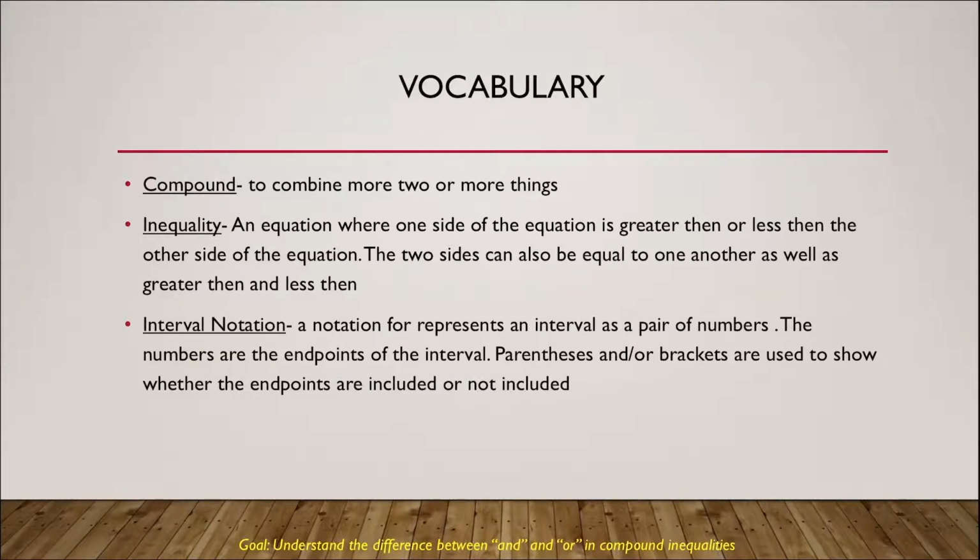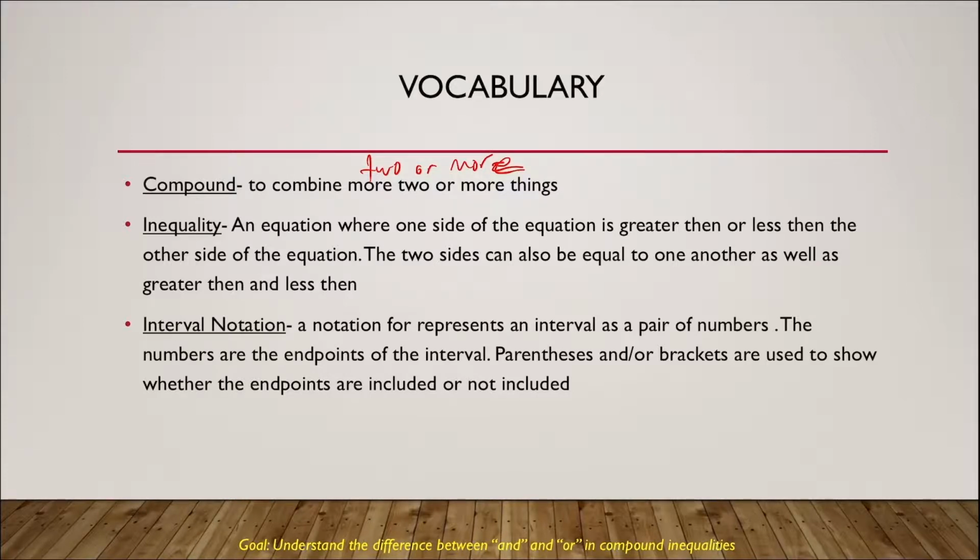Our vocabulary today is compound, meaning a combination of two or more things. An inequality is an equation where one side of the equation is greater than or less than the other side. The two sides can also be equal to one another.